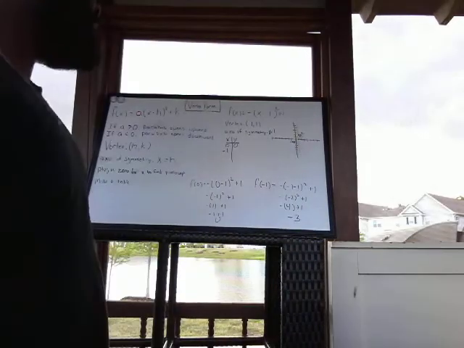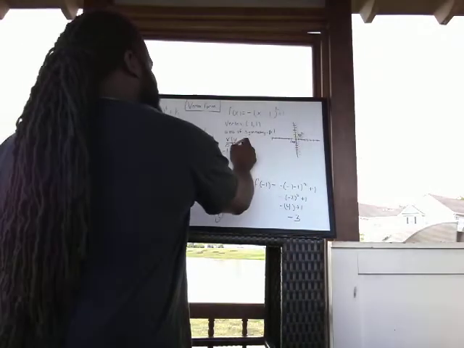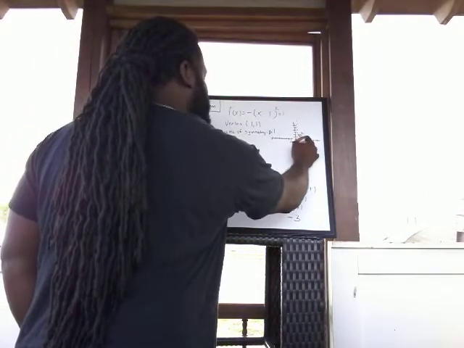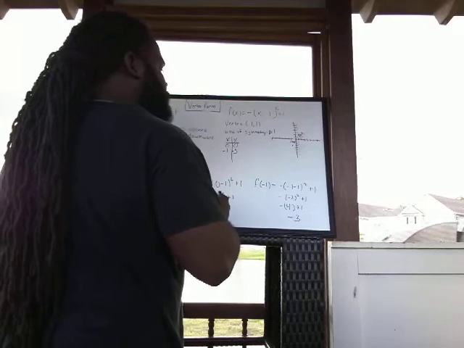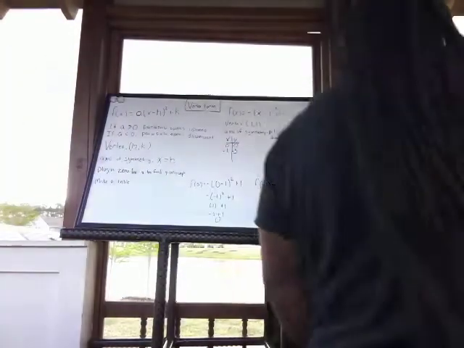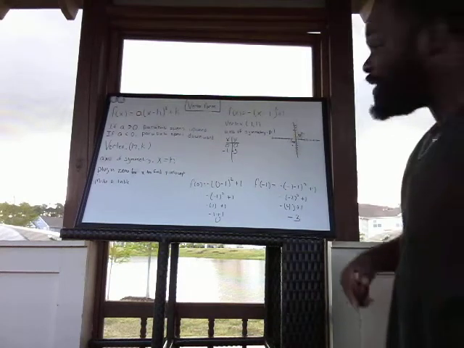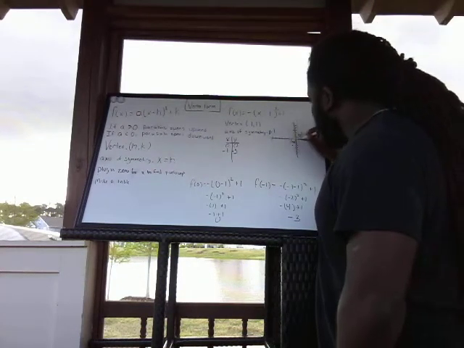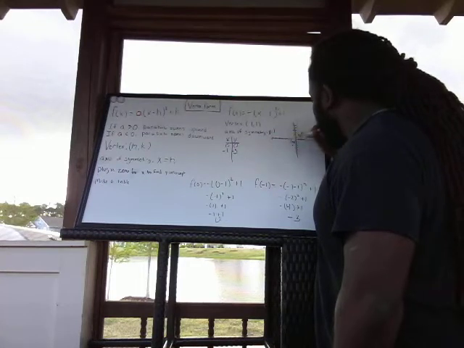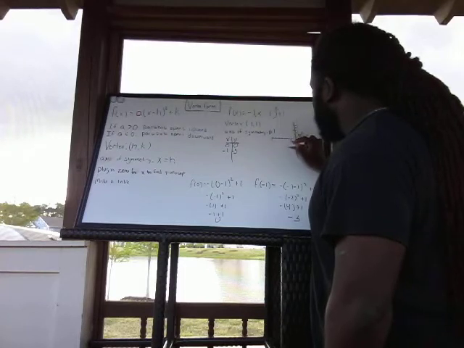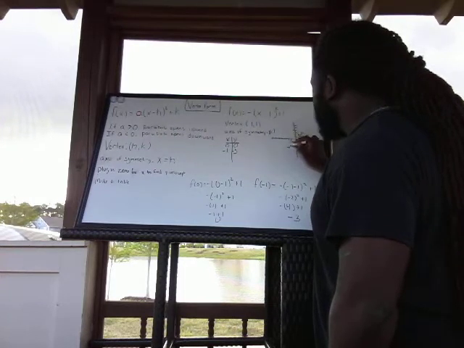So we can go ahead and plot that point, right? When x is negative 1, y will be negative 3, which is down here. Now we have 2 points on the left side of my graph. Now we can plot the 2 points on the right side of the graph, right? From here, this is 1 unit away, so we'll have another one that's 1 unit away, which would be 2, 0. This point here, which is negative 1, negative 3, is 2 units away.